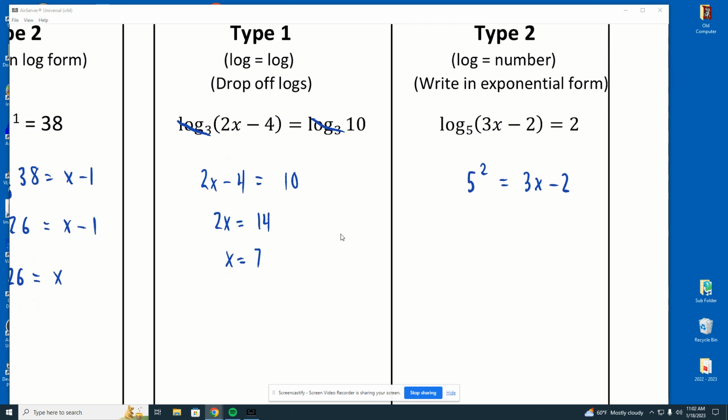What is 5 squared? So 25 will equal 3x minus 2. I'm going to add 2. 27 equals 3x. And then I'm going to divide by 3. So x equals 9. Questions? Y'all feel good about that?